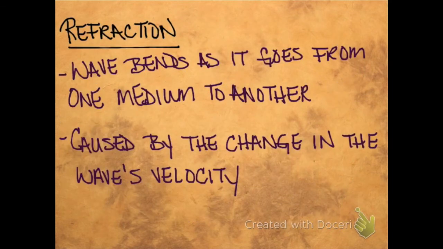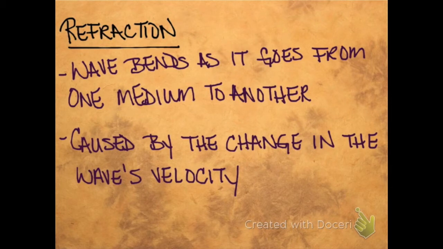All right, along with reflection, we have refraction. Refraction is when a wave bends while passing from one medium to another. This is caused by the change in the velocity of the wave's speed as it goes through the medium. So if it travels faster through one substance and slower through another substance, it's slowing down the wave speed. Since the wave gets slowed down, then where it looks like it is changes.